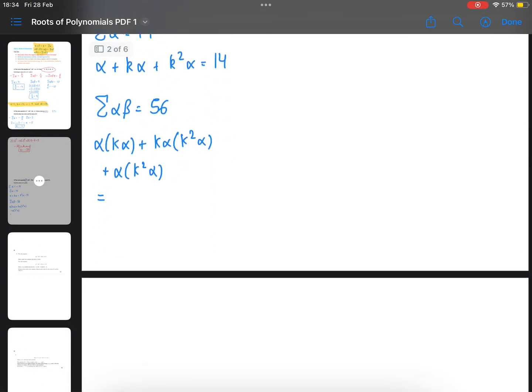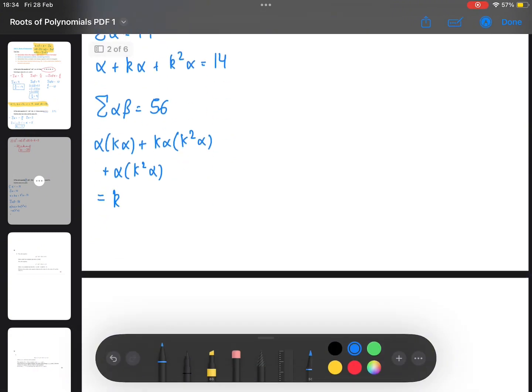And expanding that out, we have k alpha squared plus k cubed alpha squared plus k squared alpha squared, which is alpha squared times k plus k squared plus k cubed. That's the sum of the product pairs.